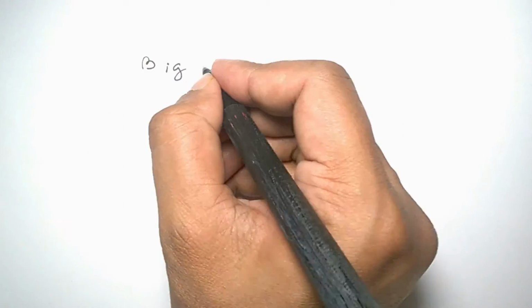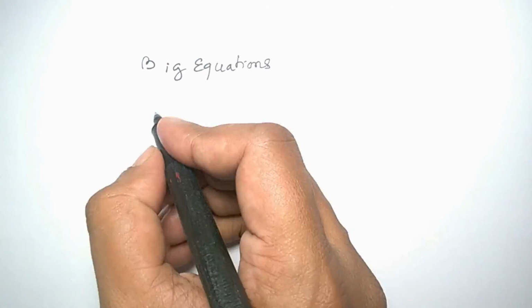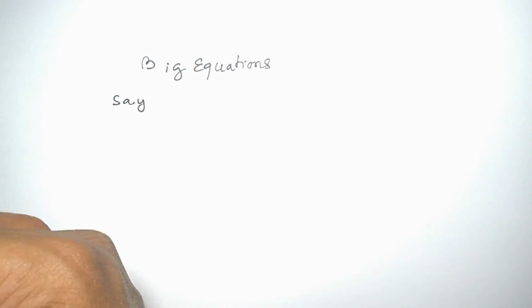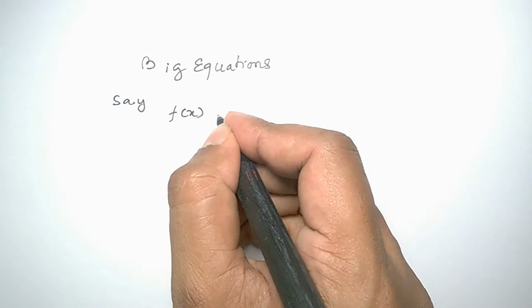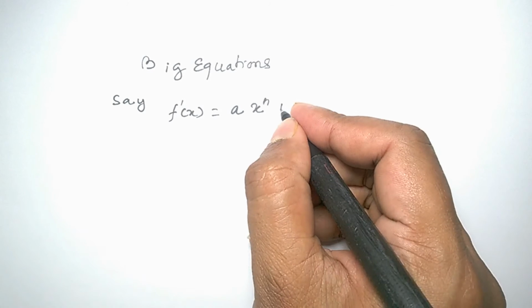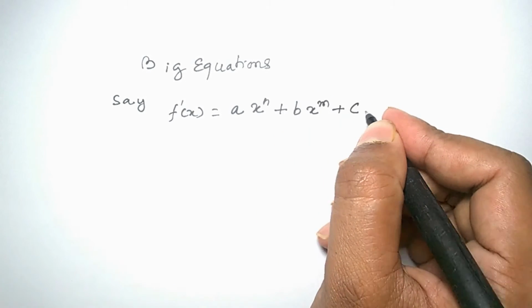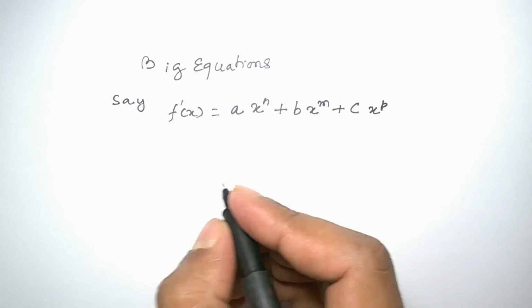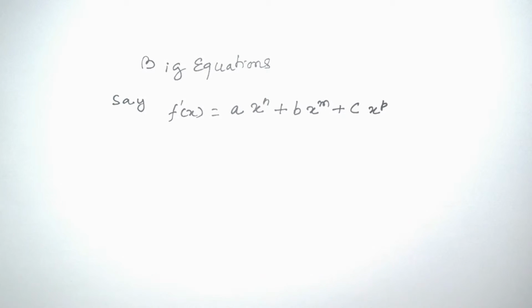In other cases, when we have a big equation with a number of terms of x with different powers n, m, p, let us say a times x to the power n plus b times x to the power m plus c times x to the power p.